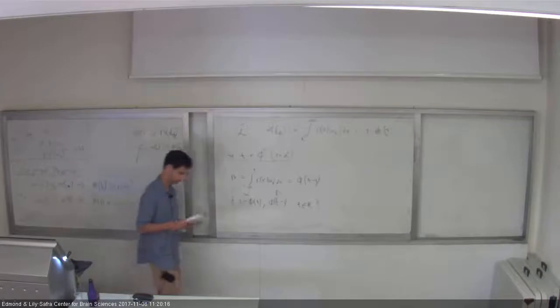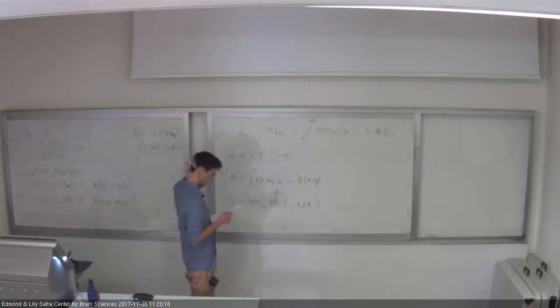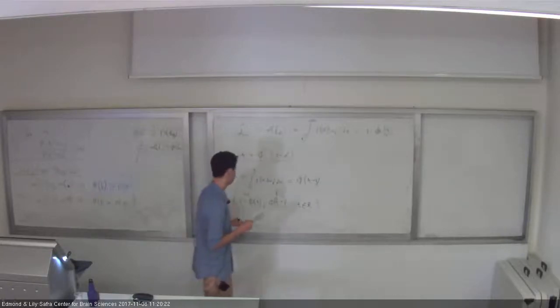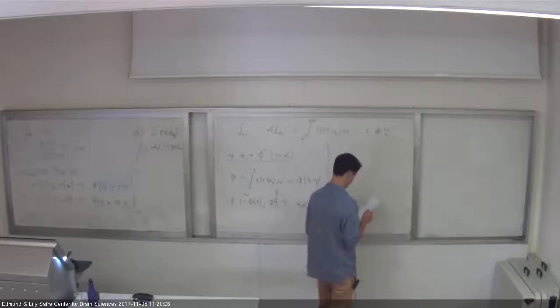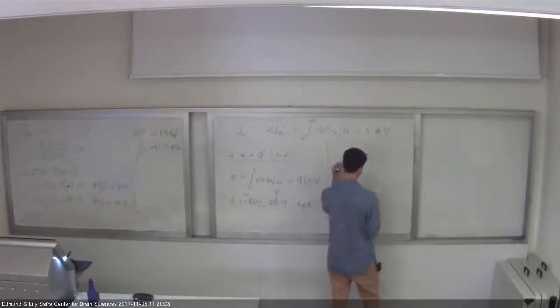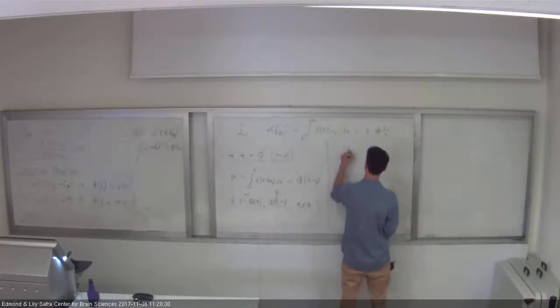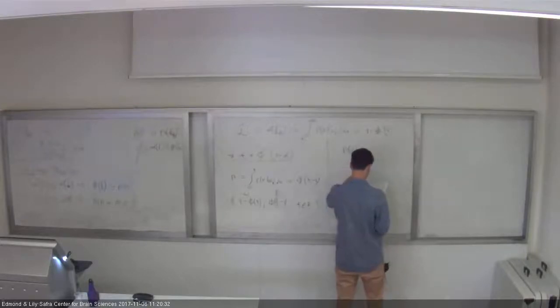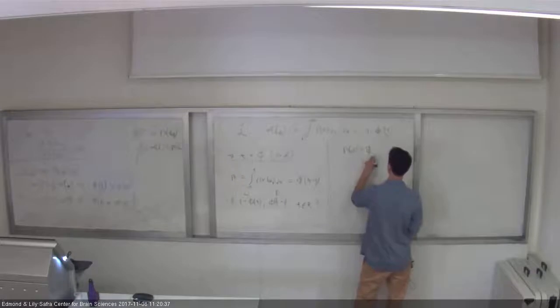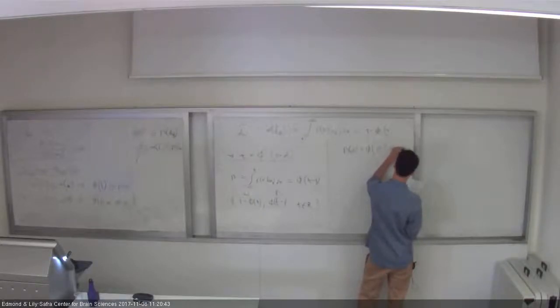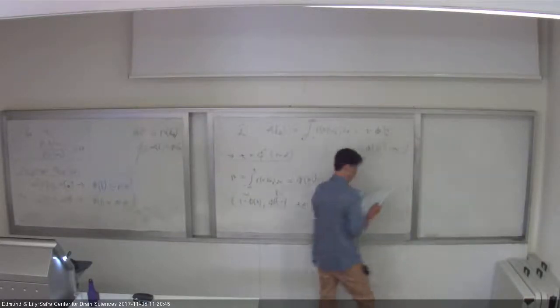And now, of course, we can find beta as a function of alpha. We just need to substitute, and we get beta is equal to phi of phi inverse of 1 minus alpha, minus 1.